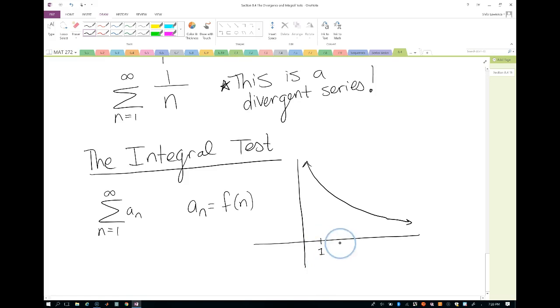So if we start at 1 and work our way up, technically what we're doing here is to find the area, we're going to figure out the value of our series.